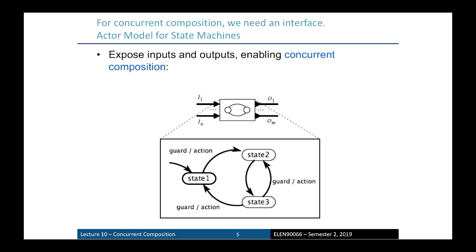For extended state machines, we also have variables underneath there. Remember, extended state machines allow variables to be changed. And the traffic light controller was one of those, where we had a counter ticking away.